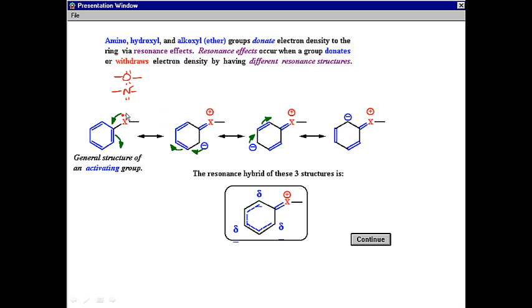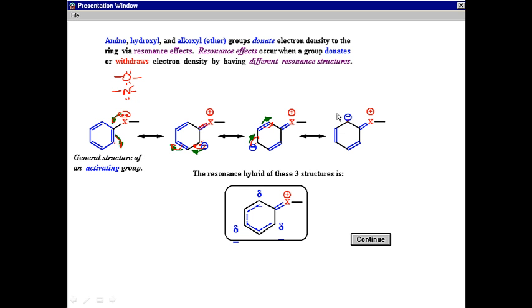I could take this pair of electrons and move it here to form this double bond, but then at the same time I've got to break this double bond and put the negative charge, the pair of electrons, on this carbon. Then I could take this pair of electrons here, move it to this double bond, form a double bond there, break that bond, and then put the negative charge there, bring this here, and then bring the negative charge out to that carbon.